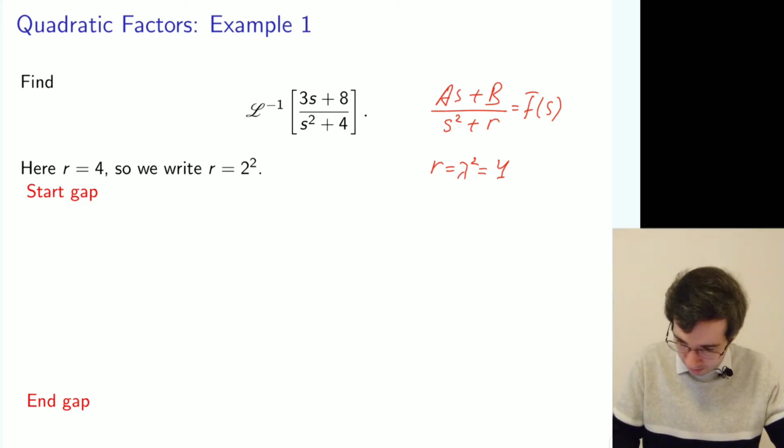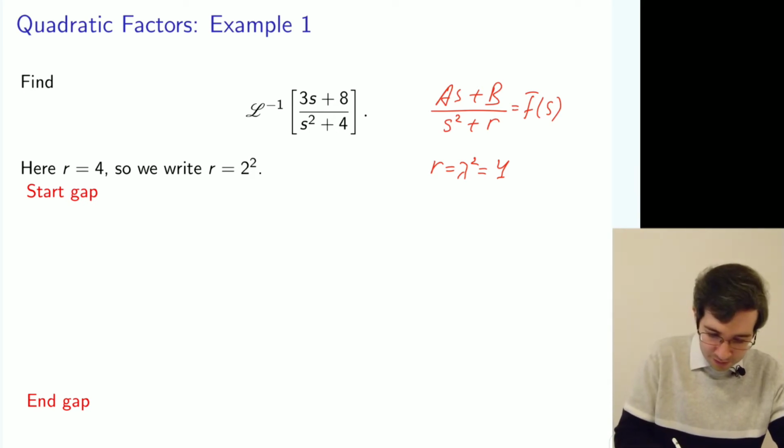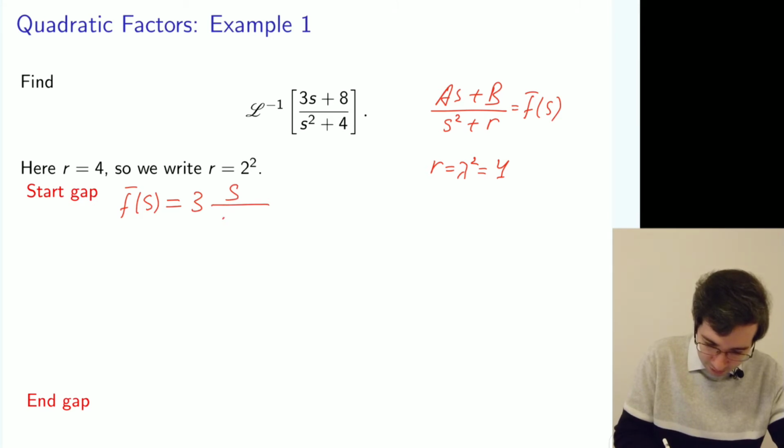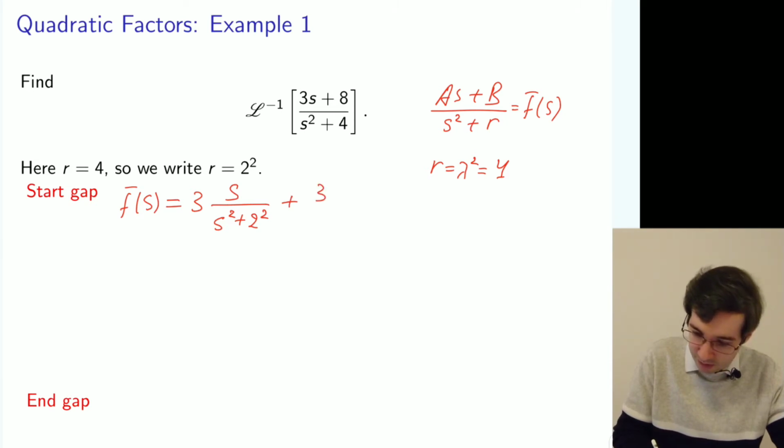So what we do now is we just follow this rule and say, okay, for f bar of s, we can split it as a sum of two fractions, 3s over s squared plus 2 squared plus 8.